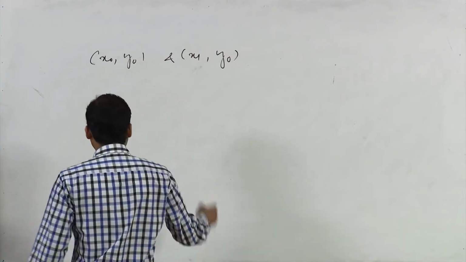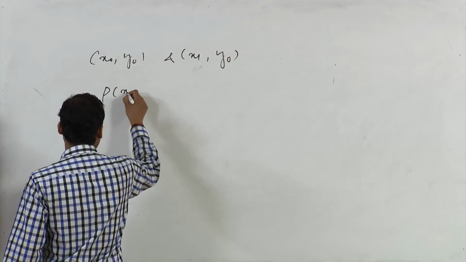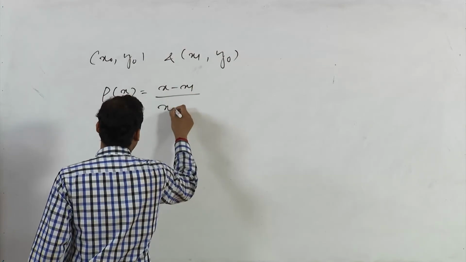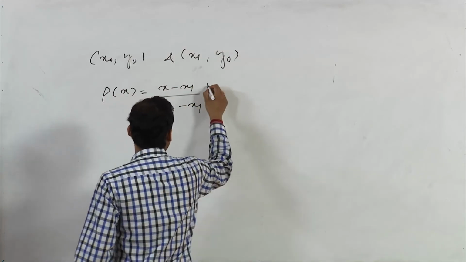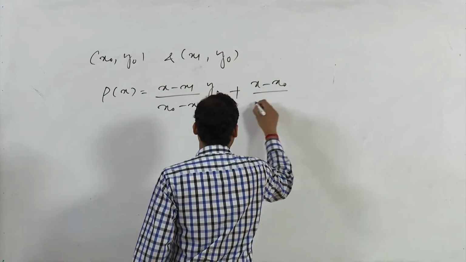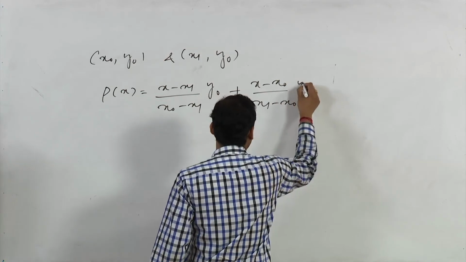Then we can define this Lagrange polynomial as x minus x1 divided by x0 minus x1 times y0 plus x minus x0 divided by x1 minus x0 times y0.